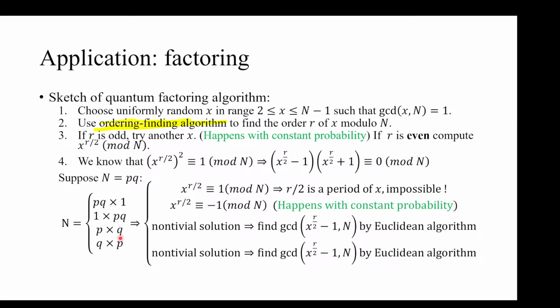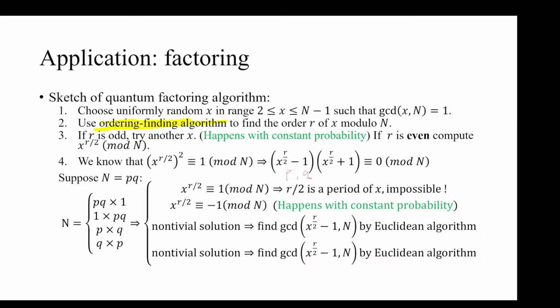Then the next two cases we are lucky, because we have this thing being equal to p mod n, or this thing equal to q mod n. So in this case this thing is basically p, or this thing equal to q, doesn't really matter.